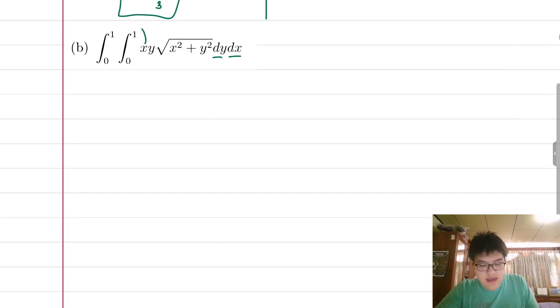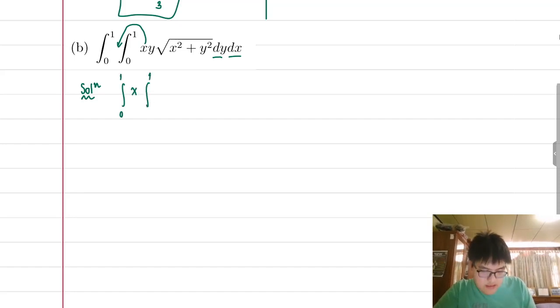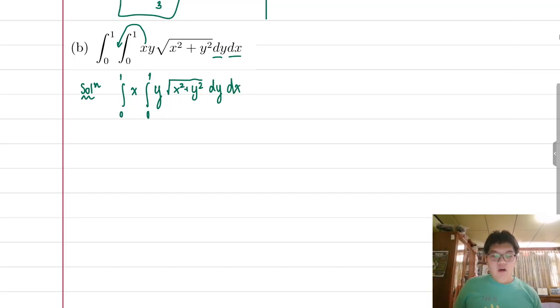Then we move x out of the integral and rearrange: integral from 0 to 1 of x times integral from 0 to 1 of y square root of x squared plus y squared dy dx. Then we calculate the inside integration.